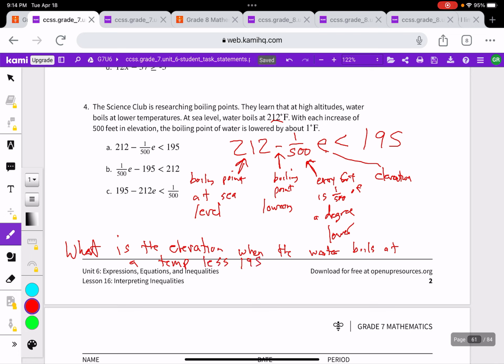If the water is boiling at 195 degrees, at sea level it boils at 212. If it's boiling at 195 degrees or less, what's the elevation? So, next step is to solve this, right?